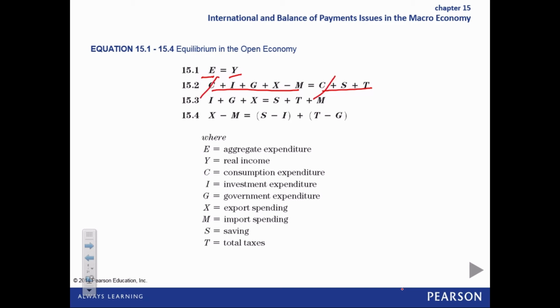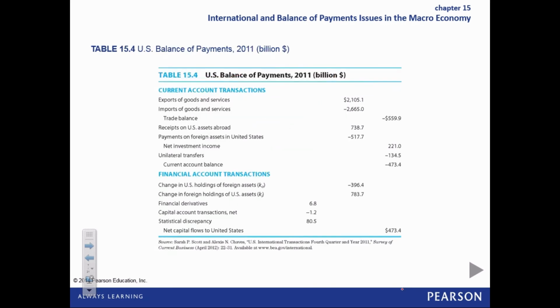If you cancel C and C from both sides and do a little bit of calculation, you come to export minus import equals S minus I plus T minus G. The first is called private saving, and the second is public saving: taxes minus government expenditure. Private saving is household and business saving, and the other one is government saving.